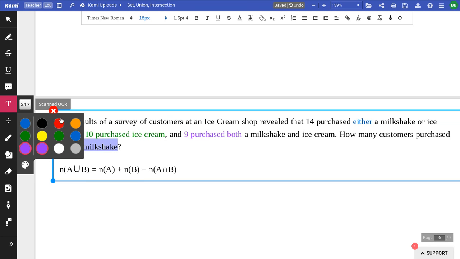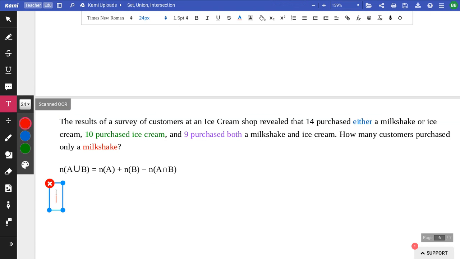So what are we really missing here? We have our or, we have how many people purchase ice cream, and we have how many purchase both. That's our and. So we're only missing an individual numerical value, and that's the milkshake. So let's go ahead and finish this one.